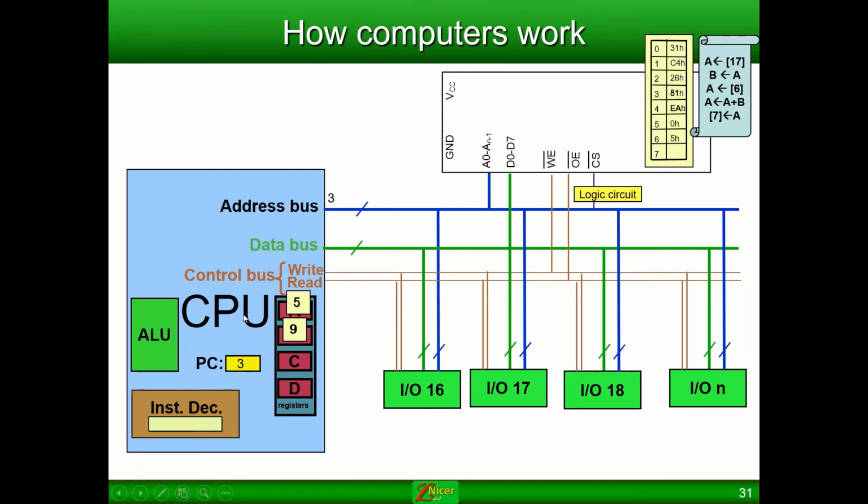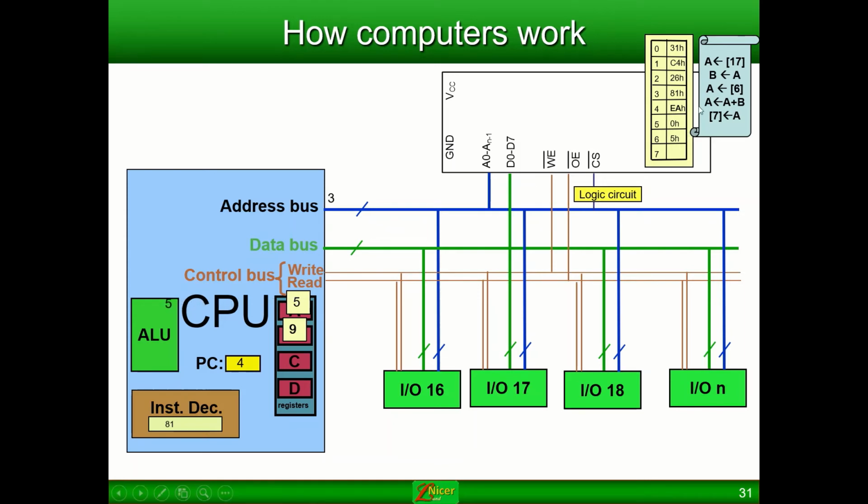Now our program counter gives the address bus the address 3, as we have to execute the instruction 81H at the 3rd location of our memory. Now 81H will flow from our memory circuit to the instruction decoder, and our program counter will also be updated to 4, the next instruction to be executed.